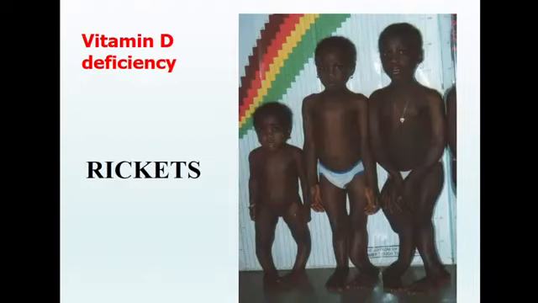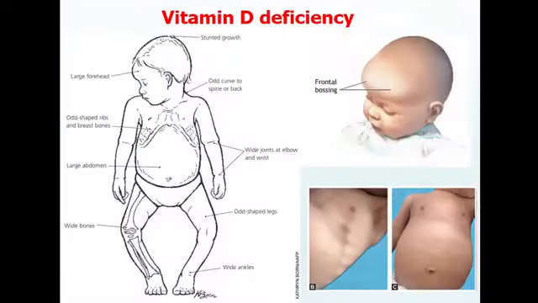Rickets, when we talk about vitamin D deficiency. Here is the main picture. Now let's talk about the disorders. A lack of vitamin D leads to a lack of calcium and phosphorus.